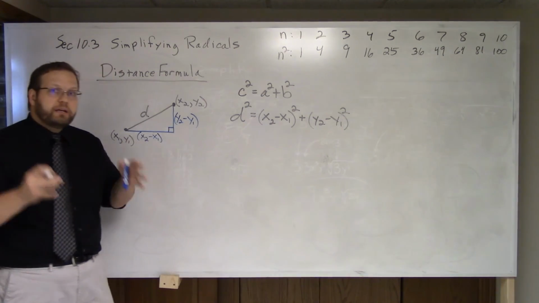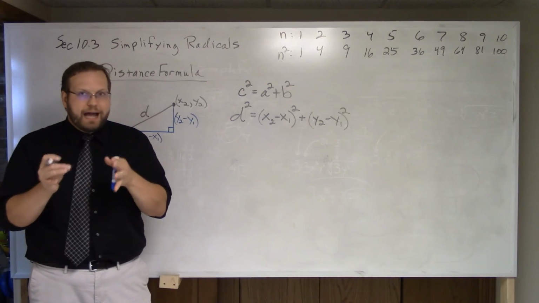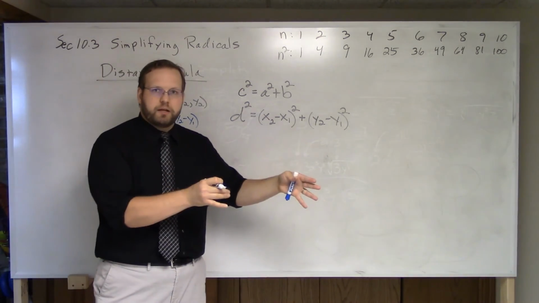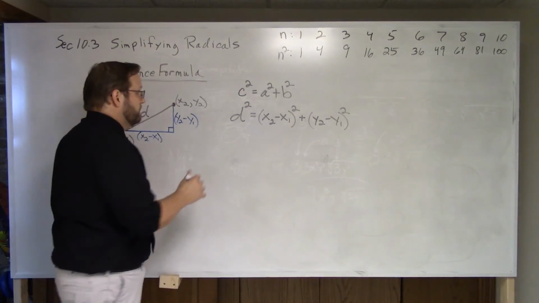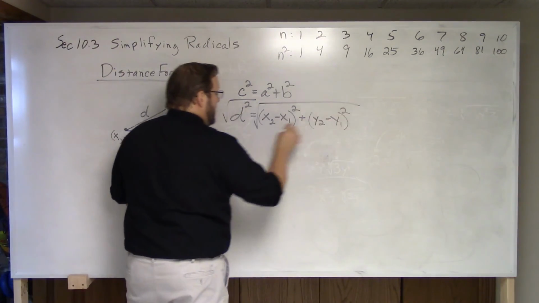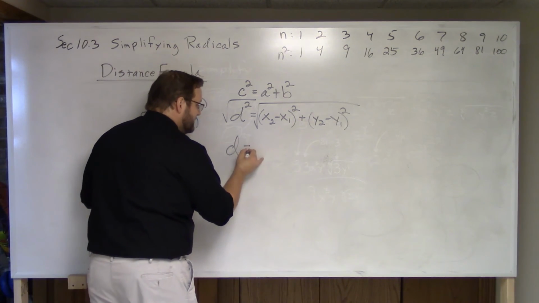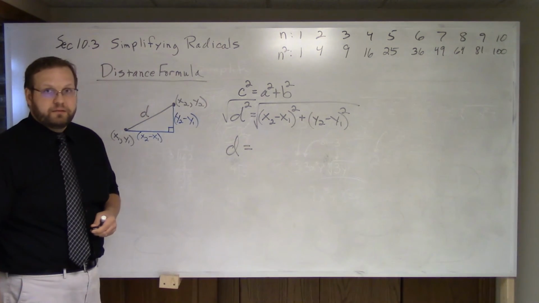Now, I'm looking for an equation that gives me the distance. So in that case, I want to have distance equals something. So all I need to do is take the square root. And when I take the square root of d squared, I get a nice, clean distance staring me in the face at the end.